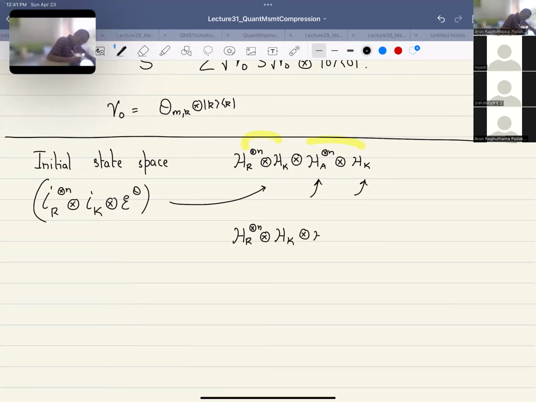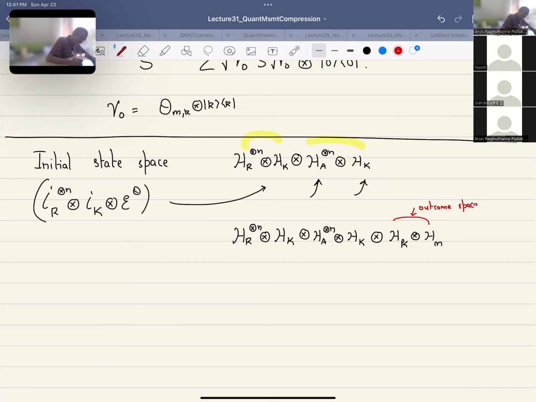The particle space will remain as is. I'm going to trace it out later, but it's going to remain as is. The public coin also will remain as is, and then there will come out an outcome K and a message M. So these are your outcomes, the outcome space.